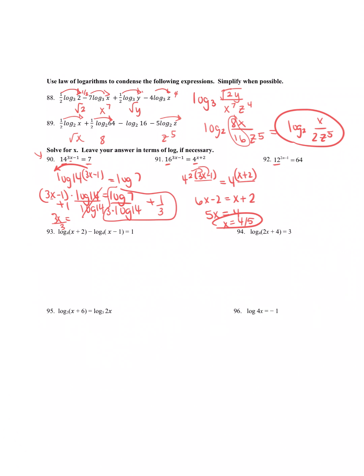Next one, I can't make this 2 or 3 to a power, so I can't make the bases be the same, so I have to take the log of both sides. And when I do, that'll allow me to pull down that 2x minus 1 times the log of 12, which will then be equal to the log of 64. I'll divide both sides by the log of 12.